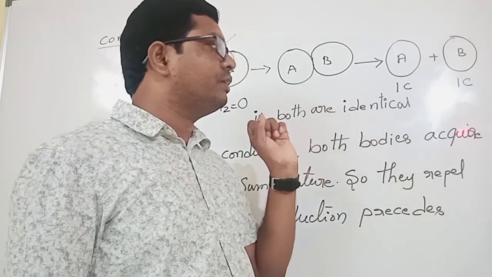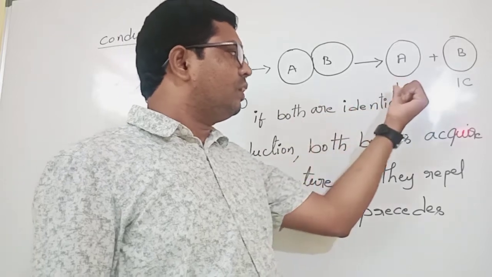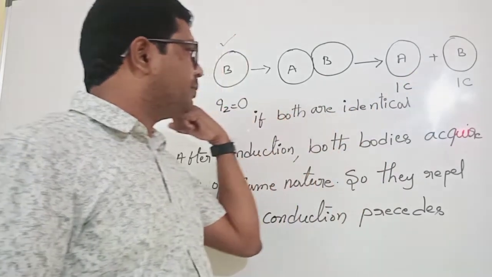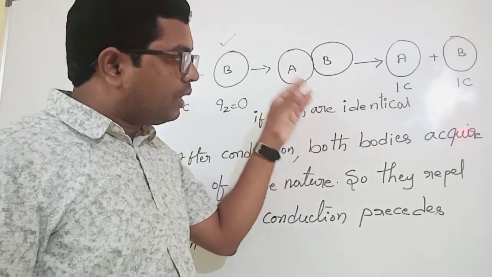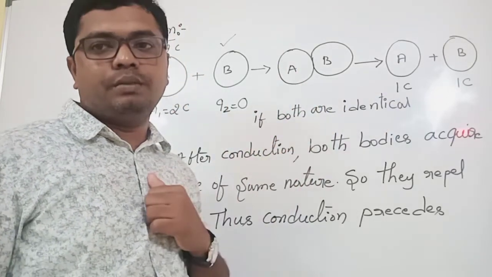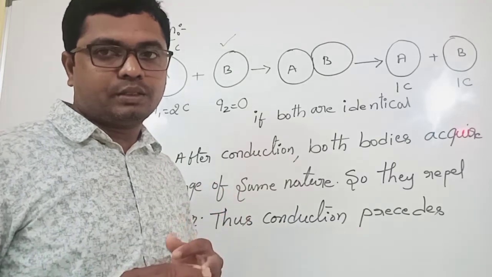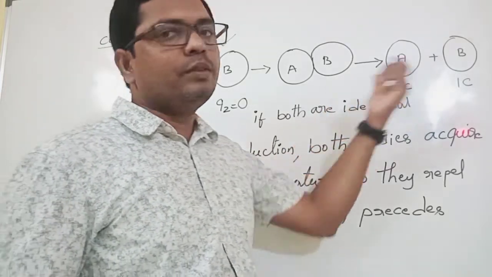And one other thing: it follows the sum. Before, the total charge is 2 coulombs. After, the charge is the sum of the two individual charges, that is 1 coulomb and 1 coulomb.